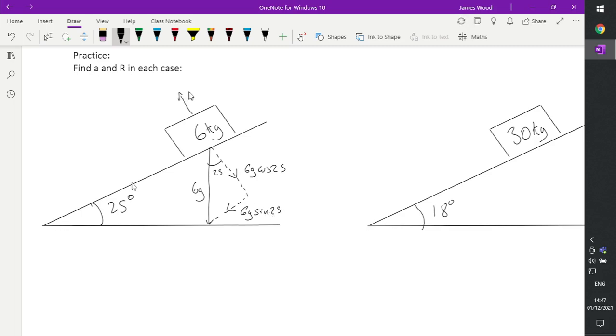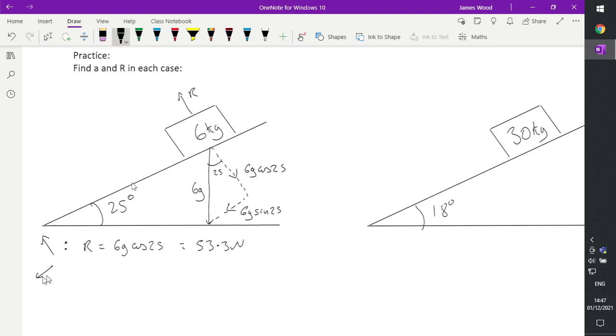And we've also got R. So resolving perpendicular to the slope, I can say that R is equal to 6g cos 25. So that is 53.3.